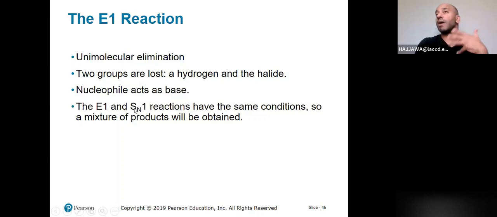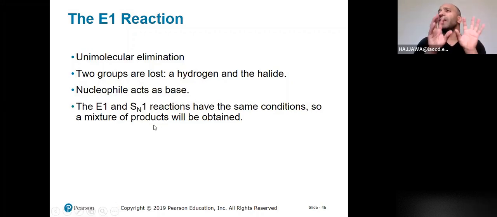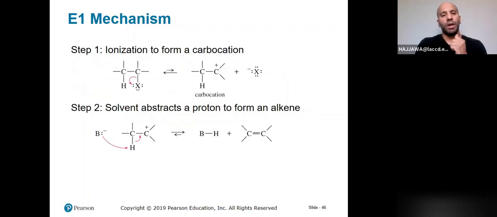The nucleophile has to act as a base. E1 and SN1 are very similar, so you may have some reactions that produce both at the same time, and we will see those examples. And this is the detailed mechanism. You see the ionization happening first, and this is the rate determining step.